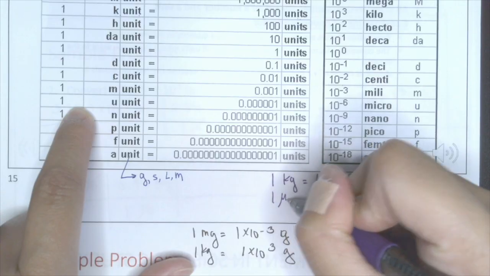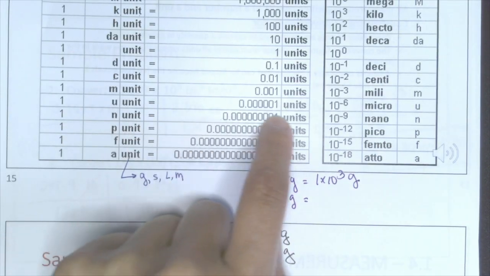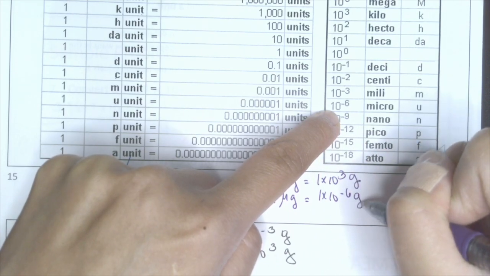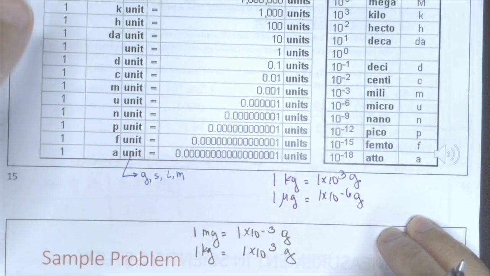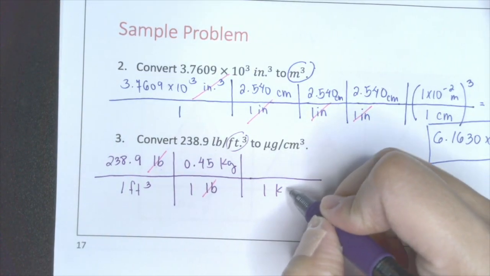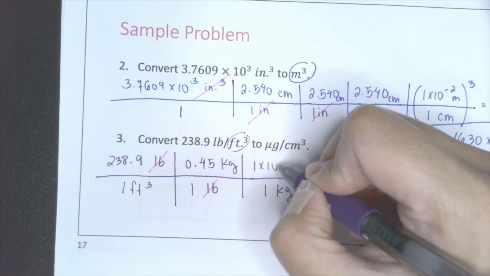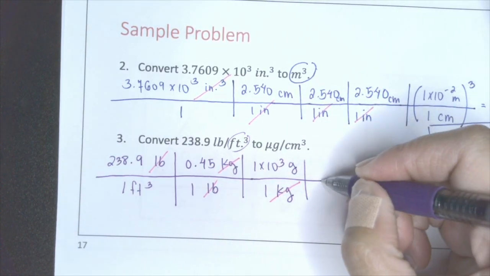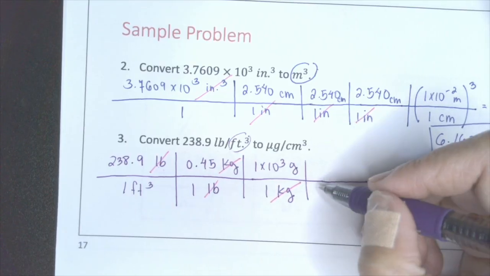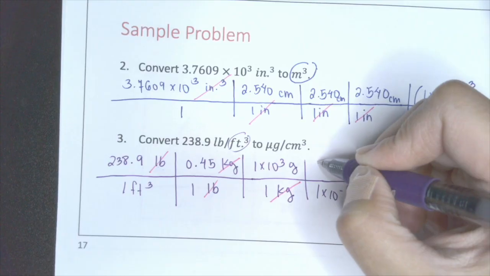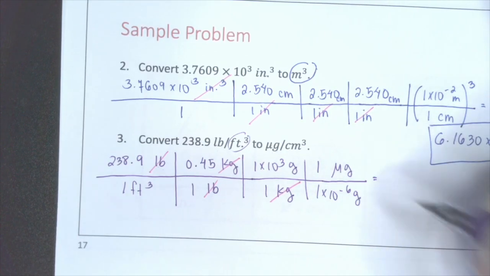So 1 microgram is equal to 1 times 10 to the minus 6 grams. So these are our conversion factors. We'll just transfer it over to our table. So 1 kg is 1 times 10 to the 3rd grams. Units cancel out. And then we use our second conversion factor, which says 1 times 10 to the minus 6 grams is equal to 1 microgram.